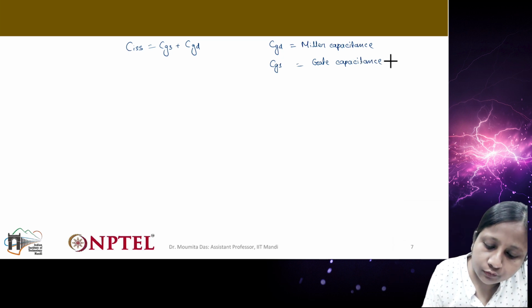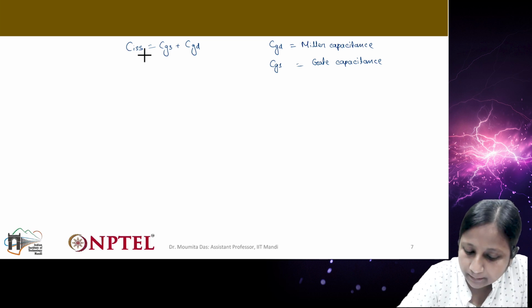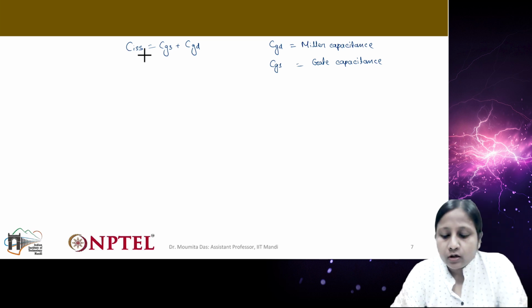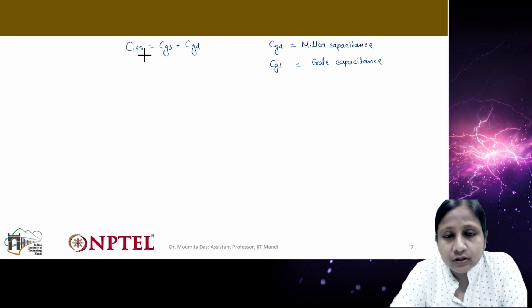So in order to find this input capacitance, what do we have to do? We have to short the drain and source terminals.